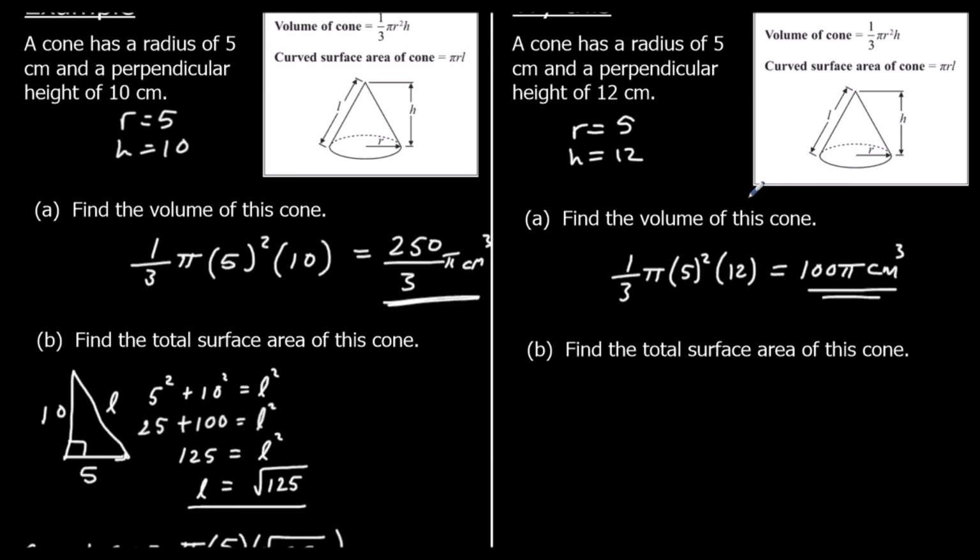Again, we don't know L, so the curved surface area is pi RL. We need to work out L using Pythagoras. So it's 5 radius. The perpendicular height is 12 this time. So we're working out the hypotenuse, longest length.